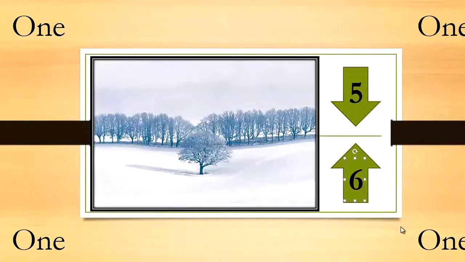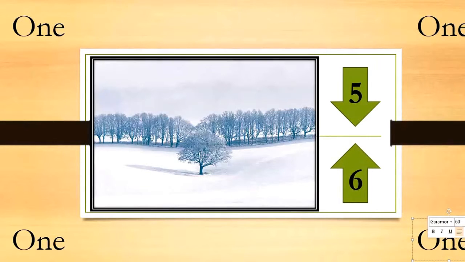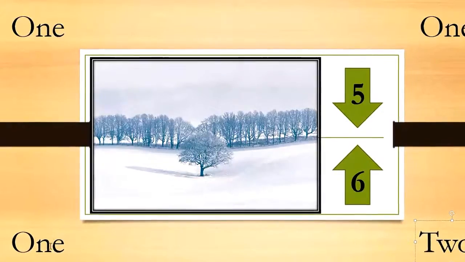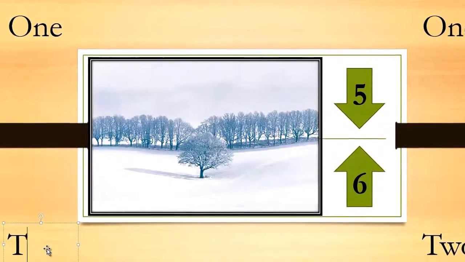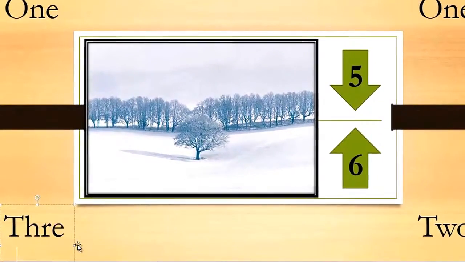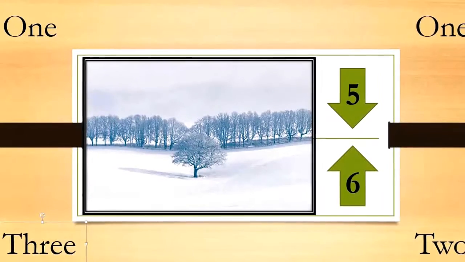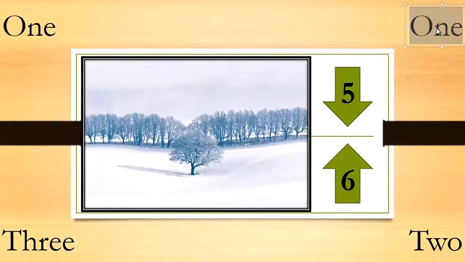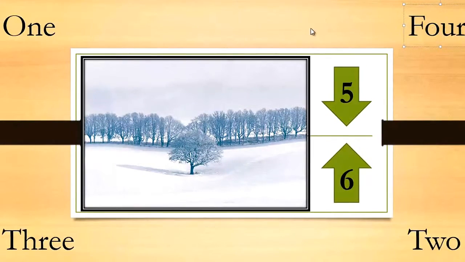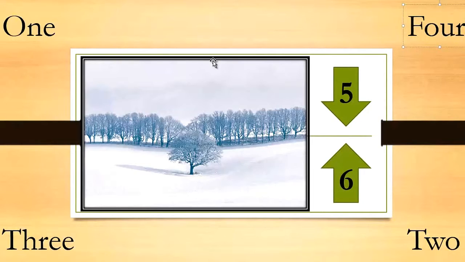Now we've got one there. Let's make this 2. Let's make this 3. Better make that a little longer so it fits. And we'll make this one 4. So now I've got some things numbered here for the simplicity of seeing how we want these to come onto the screen.